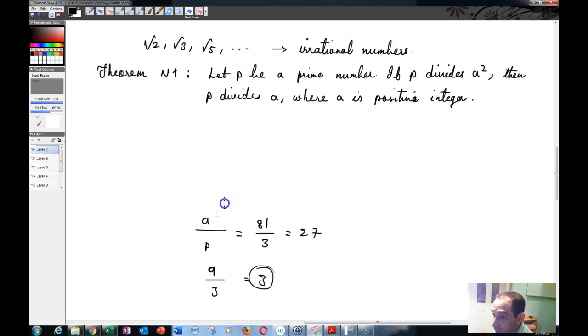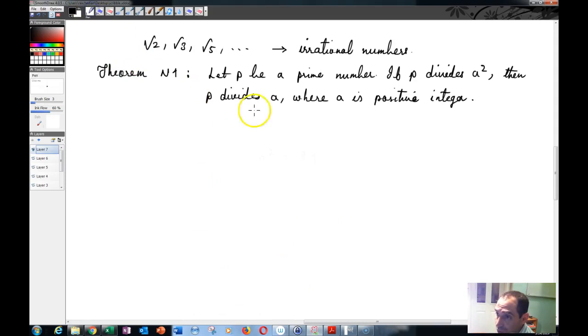Now, the way that you can prove this is using the fundamental theorem of arithmetic. Here we say, let p be a prime number, and if p divides a squared, then p divides a as well, where a is a positive integer.